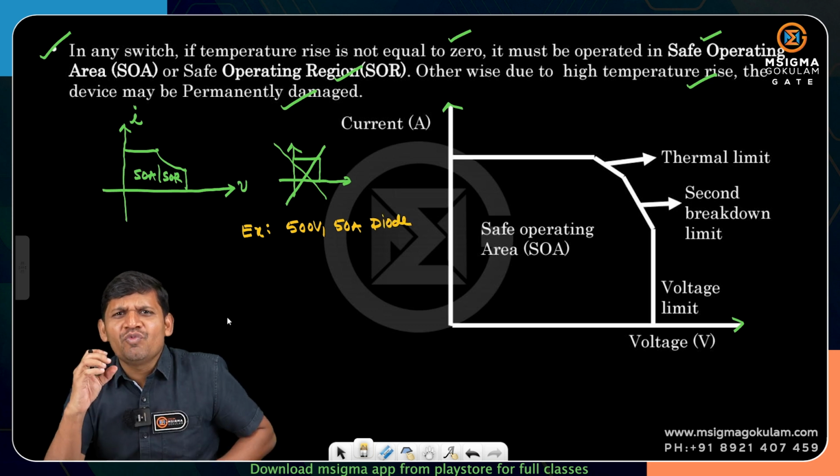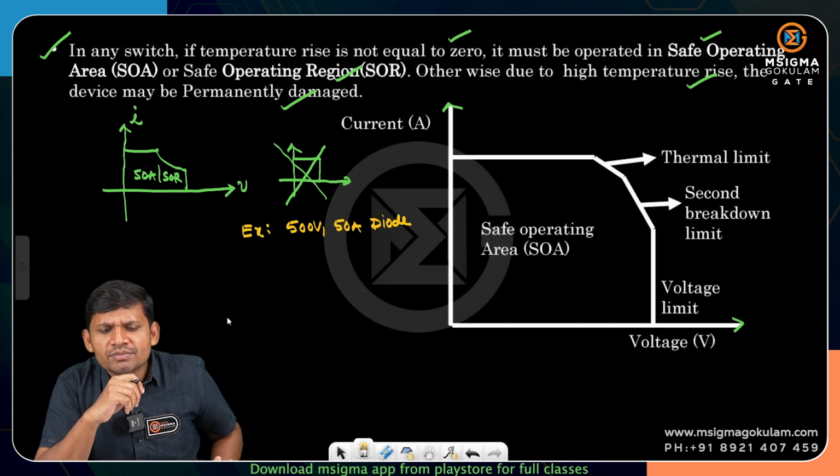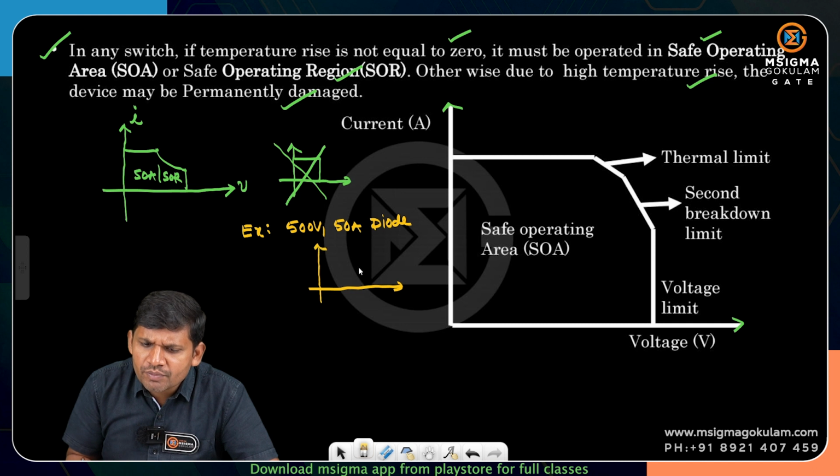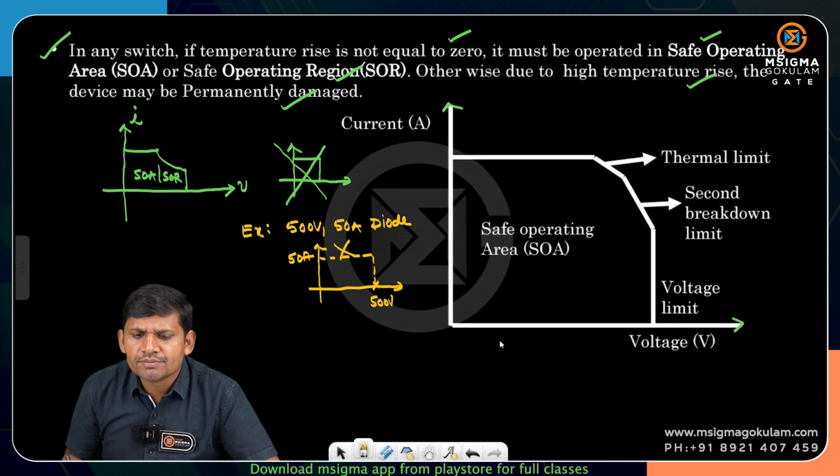Sir, what is the meaning of a 500 volts, 50 ampere diode? If the voltage across the diode is 500 volts, the current through the diode is 50 amperes. This is not the meaning. This is wrong.